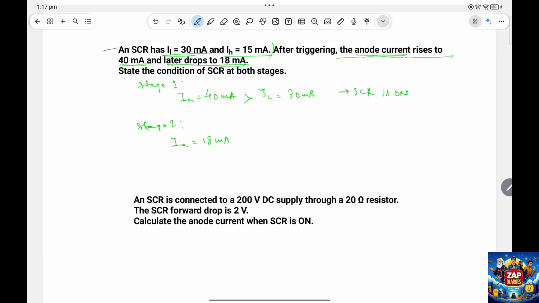So 18 milliamps is greater than the holding current, that is 15 milliamps. So the SCR is still on.